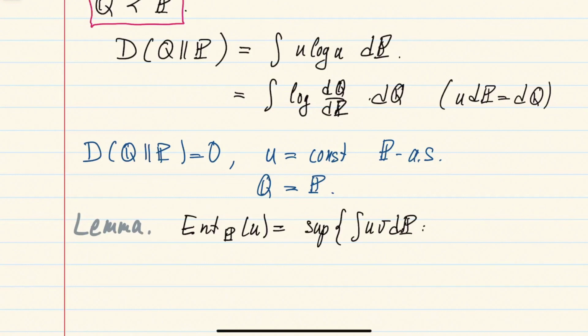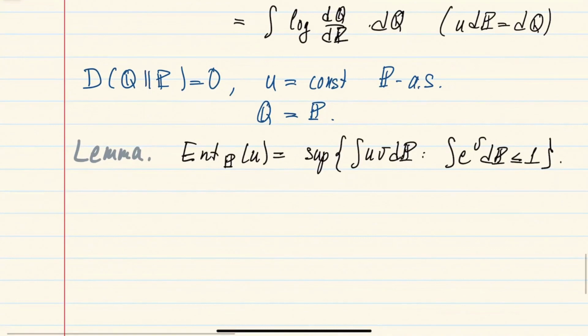So you take the supremum over functions v that satisfy the following inequality, that the integral of e to the v with respect to p is bounded by 1. And the proof of this is pretty straightforward. You just use a standard Lagrange multiplier type argument, and you can show that this supremum will be achieved on some explicit function v, and when you evaluate on that function v, you get exactly the entropy.